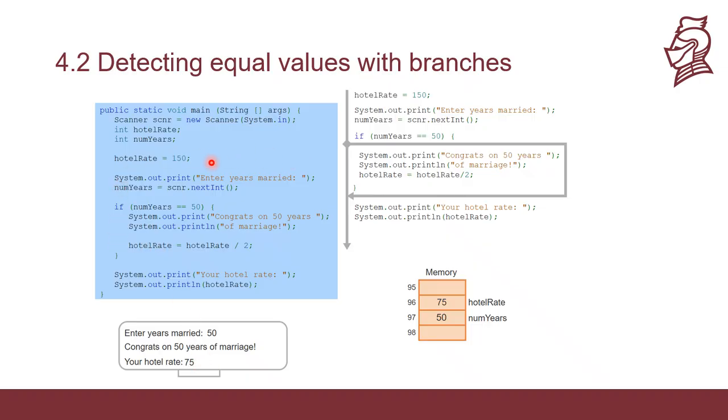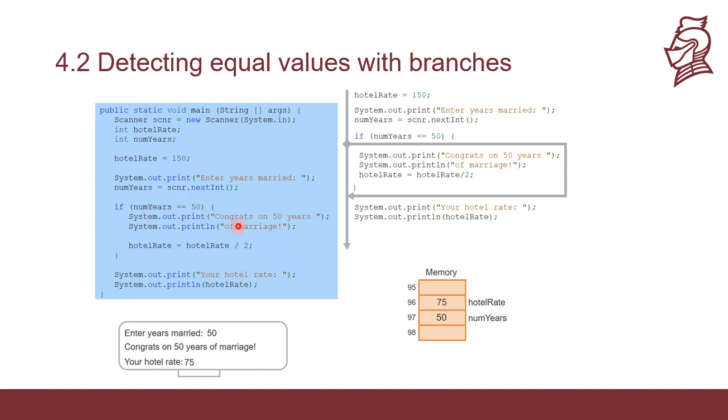So here's the if statement right here. And it's also broken out here for you in terms of a little flow chart. So if numYears equals 50, if this evaluates to true, this is a relational expression. It's just testing to see if the value in the numYears variable is equal to 50.